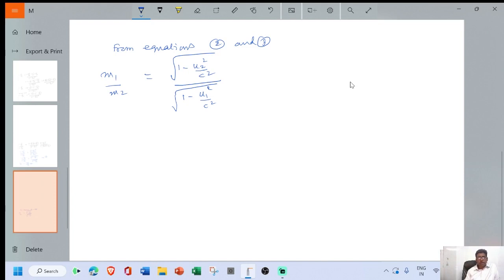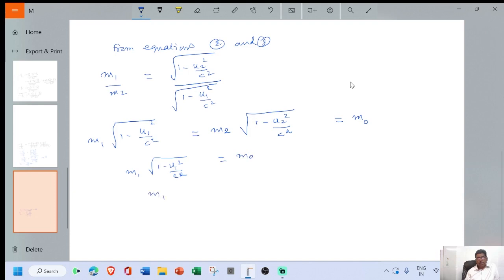From this cross multiply, m1 into root of 1 minus u1 square by c square equal to m2 into root of 1 minus u2 square by c square. Both of them are equal to a constant, say m0. m1 into root of 1 minus u1 square by c square equal to m0.